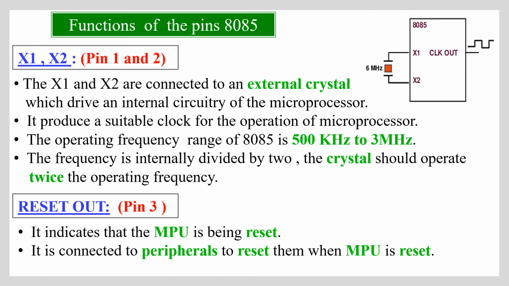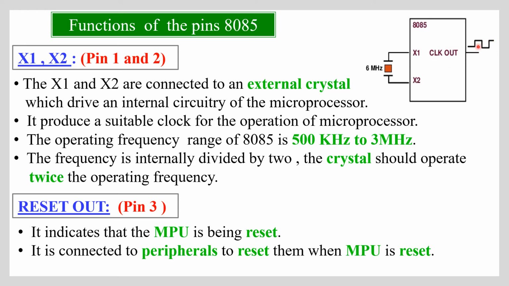So first, pin number 1 and 2, that is x1 and x2. The x1 and x2 are connected to an external crystal. A crystal is connected between pin 1 and 2, that is x1 and x2, or an RC, that is resistor capacitor, or LC network, which drives the internal circuitry of the microprocessor.